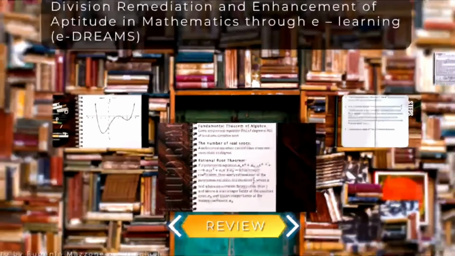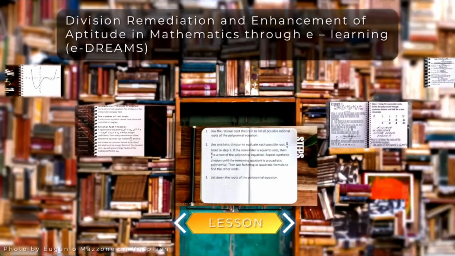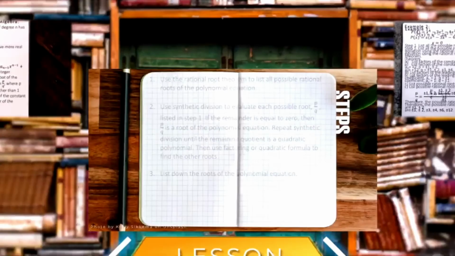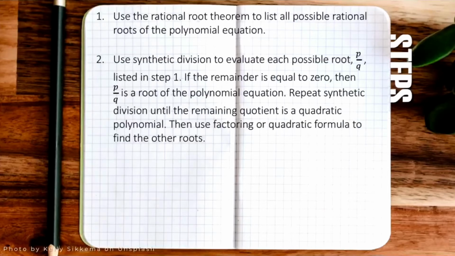This time, we are now ready to find the roots of polynomial equation. The following procedure will guide us to find the roots. Okay, step number 1. Use the rational roots theorem to list all the possible rational roots of the polynomial equation. Number 2.